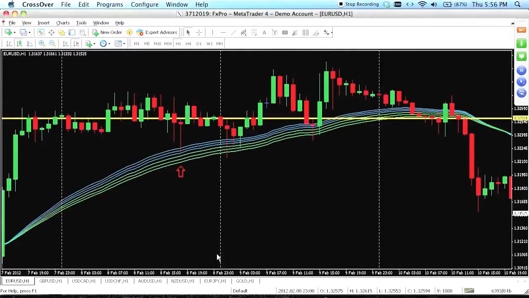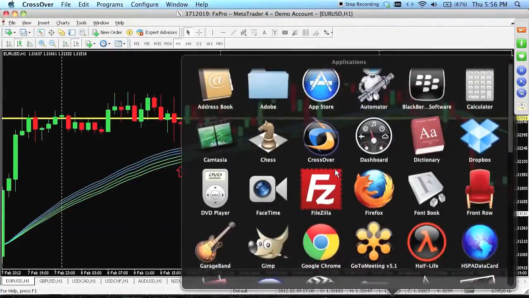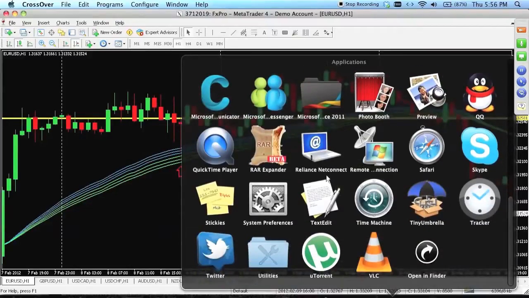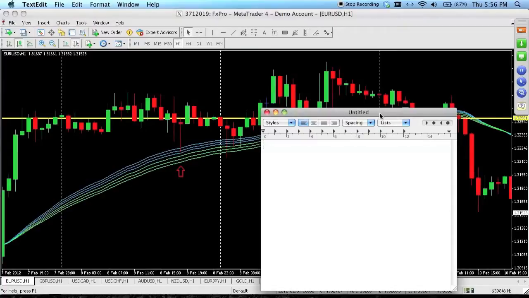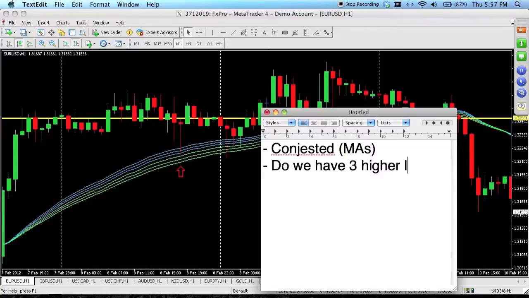Okay, let's write this down. There's three criteria we need to look at, and only three criteria. Let me increase my font size. One, we need to check, is it congested? The MAs. Next, do we have three higher lows, or do we have three lower highs?